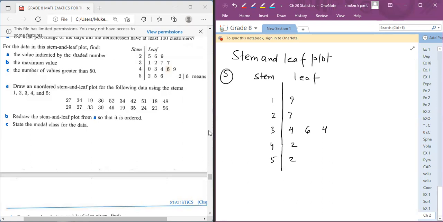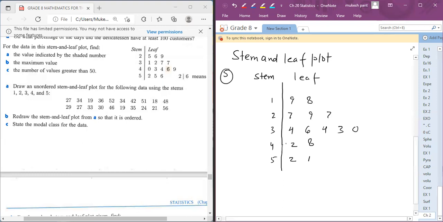Then 51, write 1 here. And 18, yes, 18. Then 48 is here. Then 29 here, 27 here, 33 here, 30, 3 and 0.